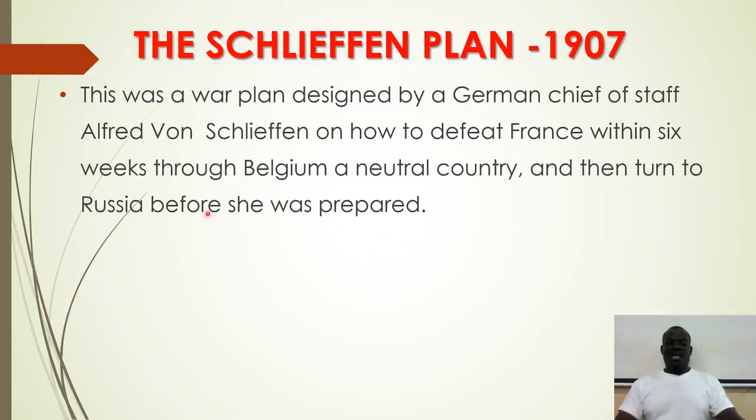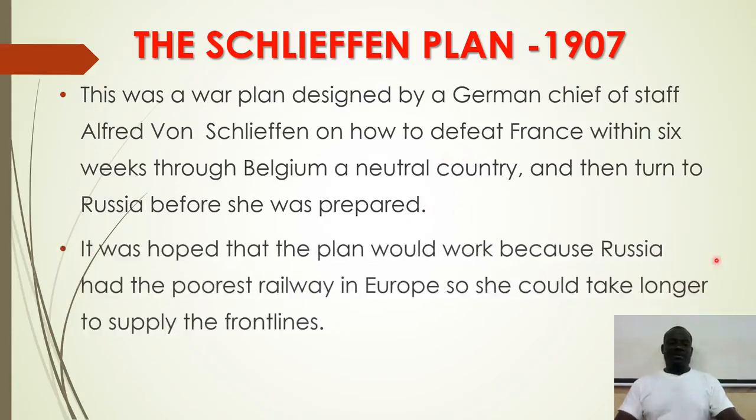Hope we are going to explain that Schlieffen plan in detail. It was hoped that the plan would work because Russia had the poorest railway in Europe, so she would take longer to supply the front lines.